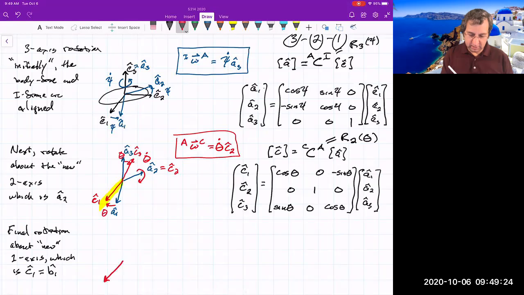This is the C1 direction. And where was C2? It's the same as A2. And then where is C3?